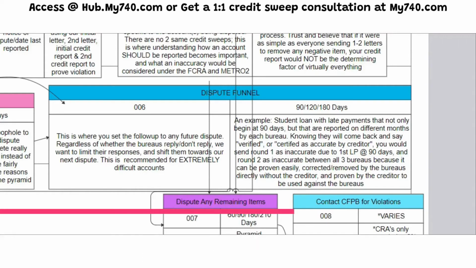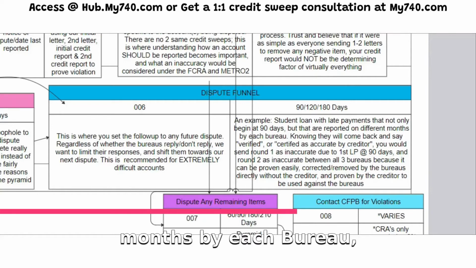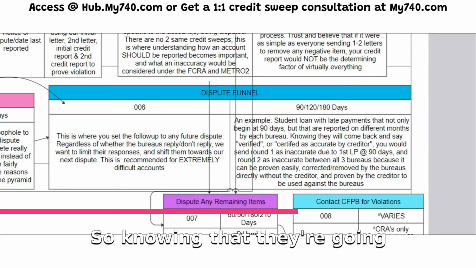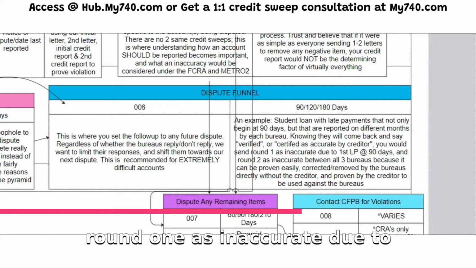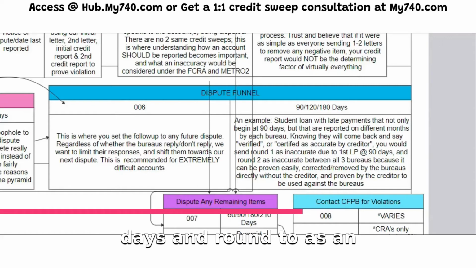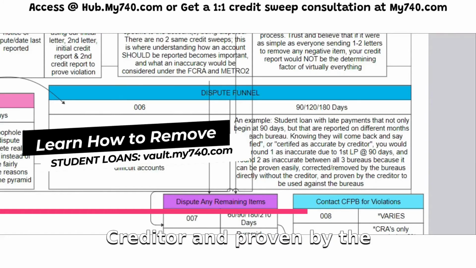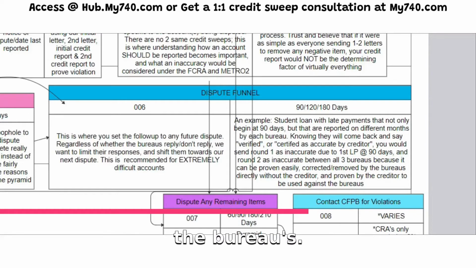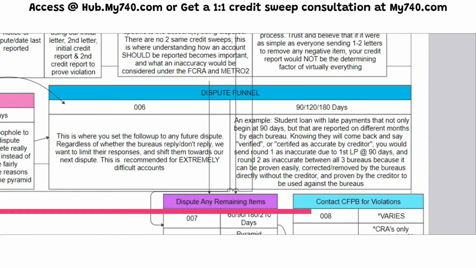It's just, okay, 90 days late. But they're reported in different months by each bureau, right? So knowing that they're going to come back and say verified or certified as accurate by the creditor, you would send round 1 as inaccurate due to the first late payment at 90 days and round 2 as inaccurate between all 3 bureaus, because it can be proven easily, corrected or removed by the bureaus directly without the creditor, and proven by the creditor to be used against the bureaus. Okay, so that's just one example of setting the follow-up.